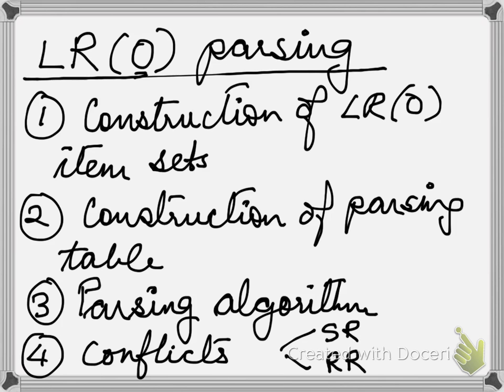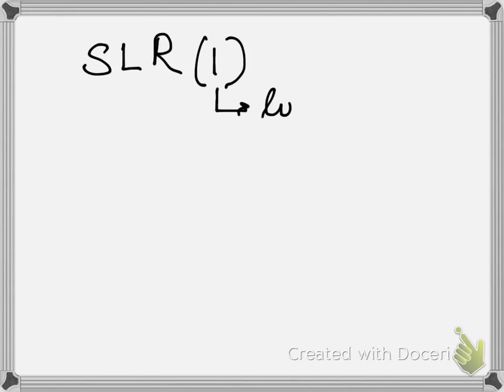So in our SLR or simple LR parser, which is also known as SLR1, you can understand that the 1 indicates a look ahead.